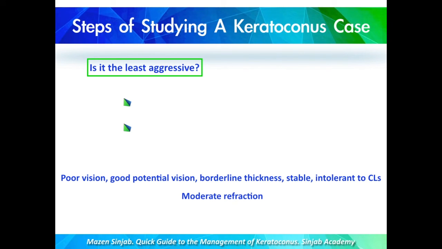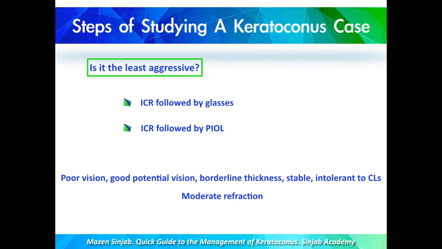In this example, the patient has poor vision, but good potential vision, borderline thickness, his disease is stable, he is intolerant to contact lenses, and has moderate refraction. Based on other parameters, we have 2 options: intracorneal ring implantation followed by glasses, or intracorneal ring followed by phakic IOL.